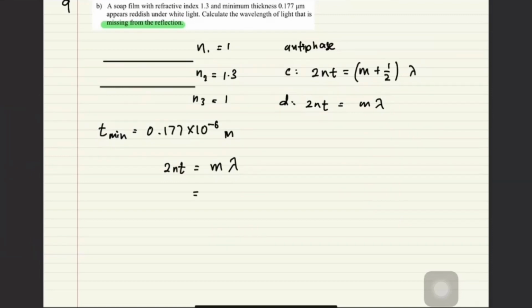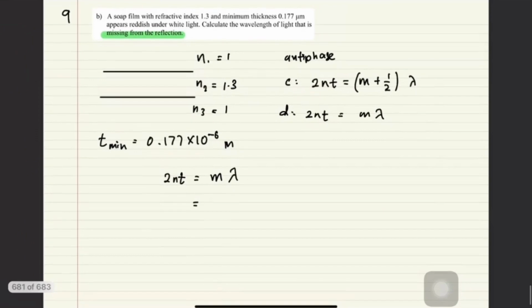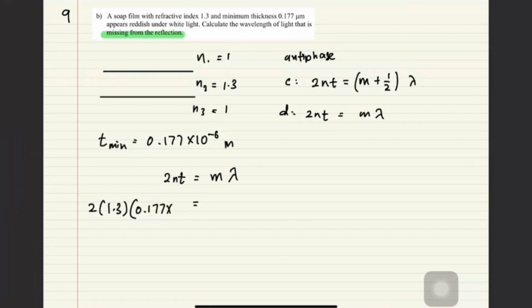So M dia tu sama dengan... ini dah cari apa soalan ni, calculate the wavelength of the light. So 2, kita masuk satu 2, 1.3, thickness dia adalah 0.177. Okay, and then equals to lambda.